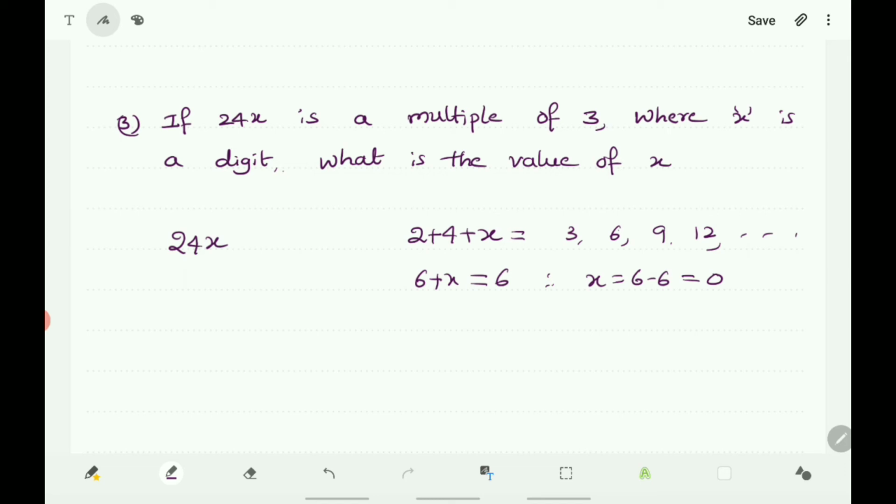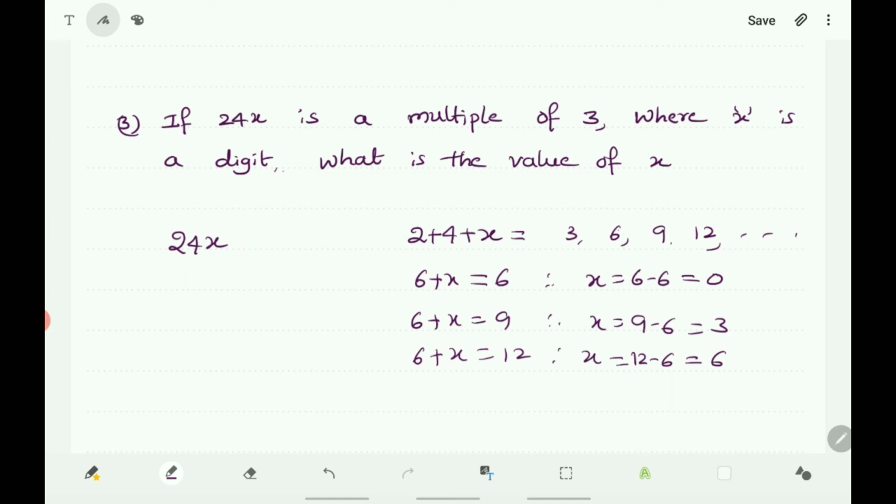Next, if 6 plus x equals 9, then x equals 9 minus 6, which is 3. If you want the sum to equal 12, 6 plus x equals 12, then x equals 12 minus 6, that is 6.